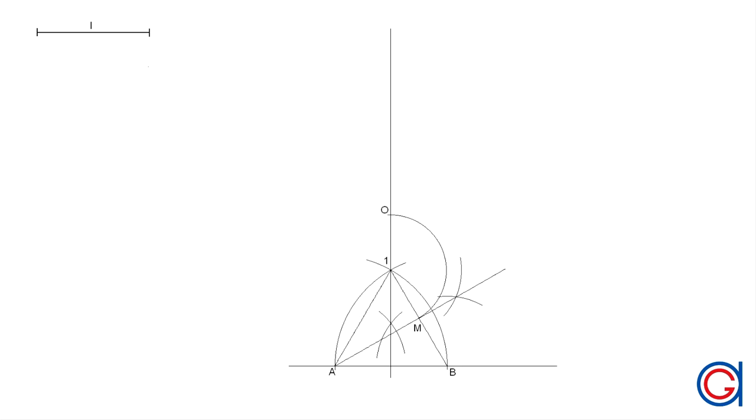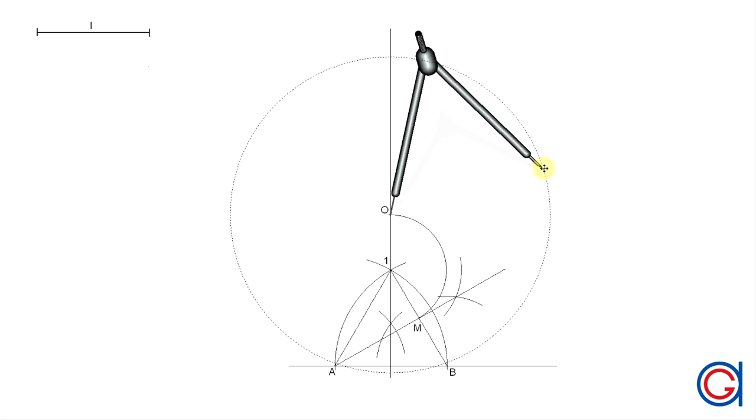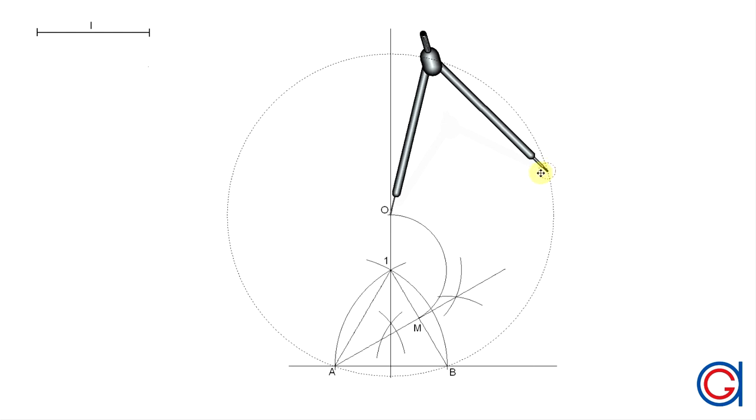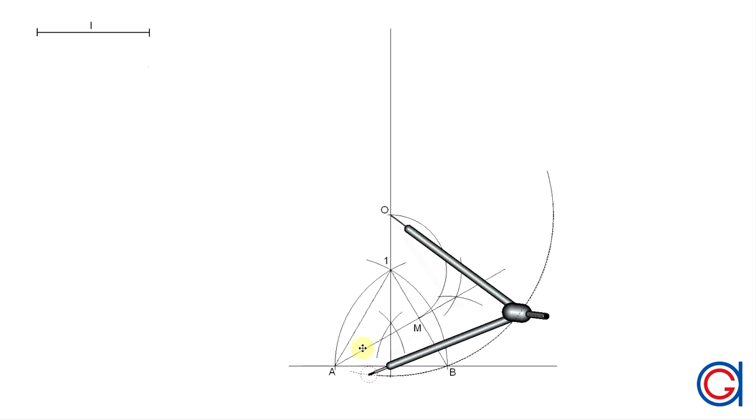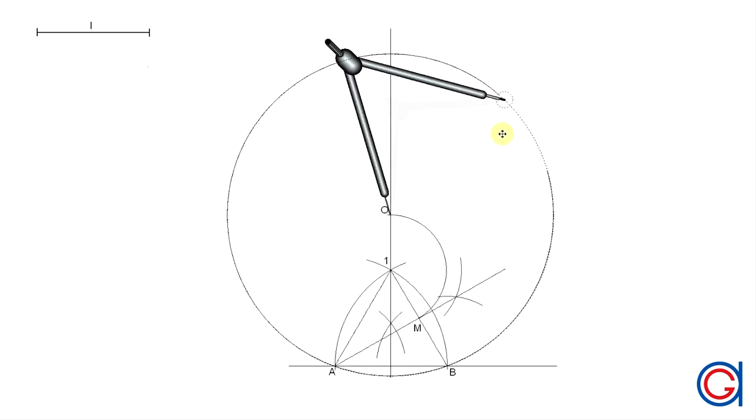And this point O is going to be the center point of the circle that our nonagon is going to be inscribed inside. And now centering the compass on this point O, and with length OA, we draw a circle as shown here.